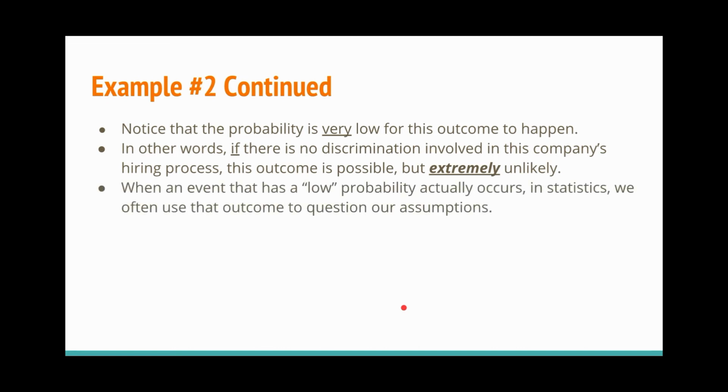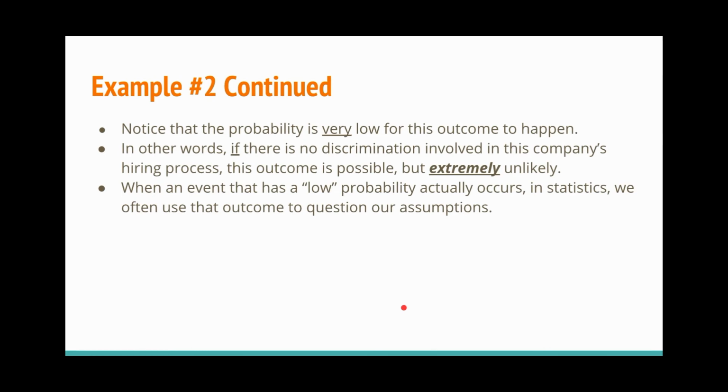When an event has a low probability and that event actually occurs in statistics, that often causes us to question our assumptions. So imagine somebody tells you that tomorrow there is a very, very low chance of rain. And you're going to assume, based on that information, that it's probably not going to rain.